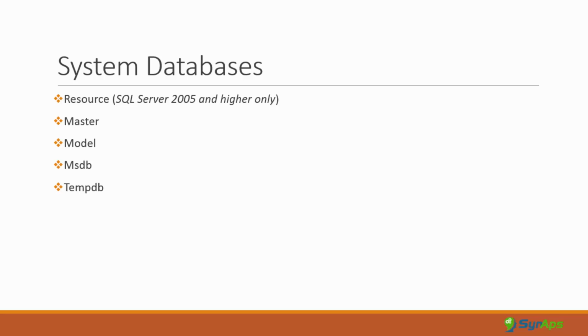TEMPDB is recreated every time SQL Server is started so that the system always starts with a clean copy of the database. Temporary tables and stored procedures are dropped automatically on disconnect, and no connections are active when the system is shut down. Therefore, there is never anything in TempDB to be saved from one session of SQL Server to another. Backup and restore operations are not allowed on TempDB.